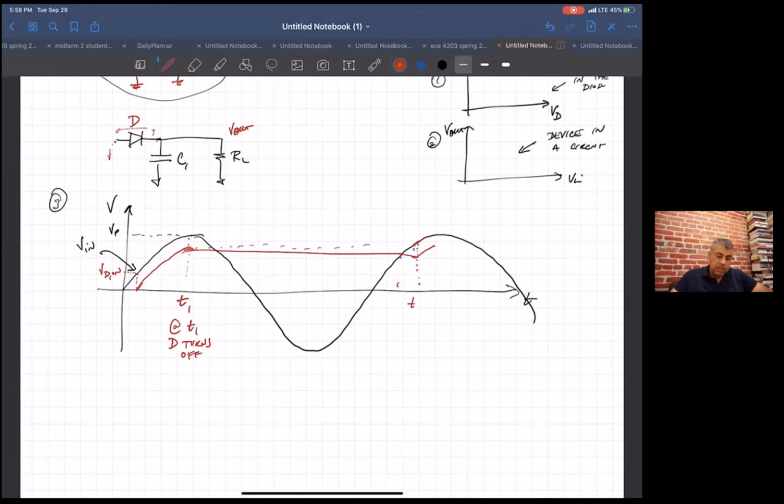So at T3, V out has gone down to V in minus V_D on. Notice V in is moving, so two things are happening. V out has drooped, and V in has gone up enough that the difference is V_D on. The diode turns back on. As soon as the diode turns on, V out starts following V in again. Then when you hit this peak, the diode turns off again, and this whole cycle repeats.